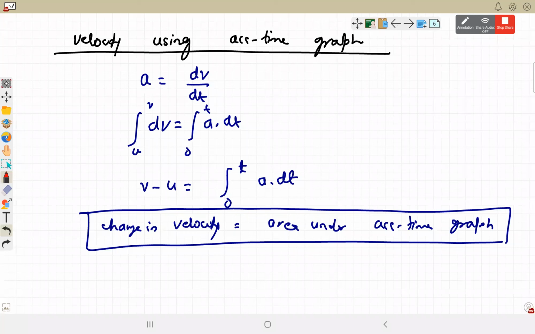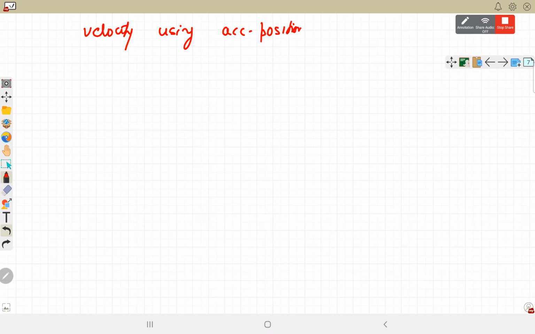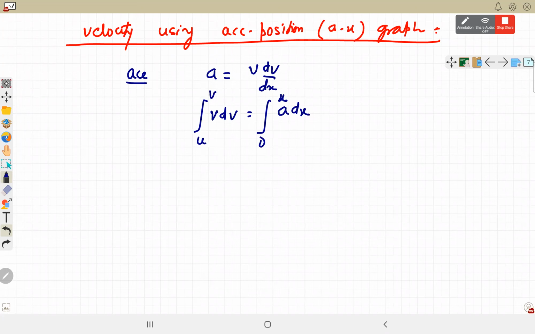Now we have to calculate velocity using the acceleration position graph, A versus X graph. So acceleration का formula क्या होता है? v into dv by dx. In terms of x, when you cross multiply, it is v dv equals a dx. Integrate on both sides, right side 0 to x, left side u to v.